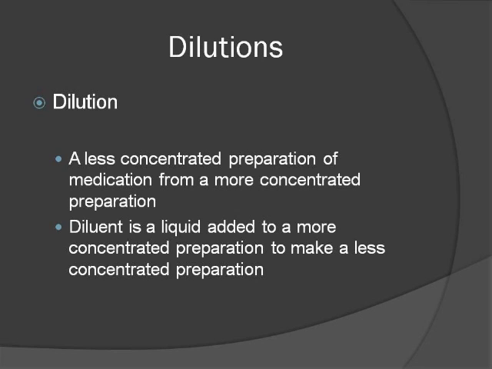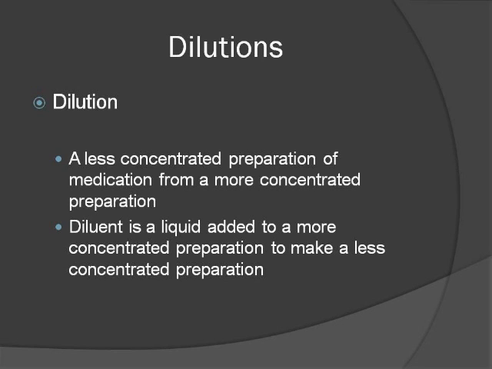On this slide titled Dilutions, a dilution is when you have a less concentrated preparation of a medication from a more concentrated preparation. You'll hear the term diluent, which is typically a liquid added to a more concentrated preparation to make a less concentrated preparation.